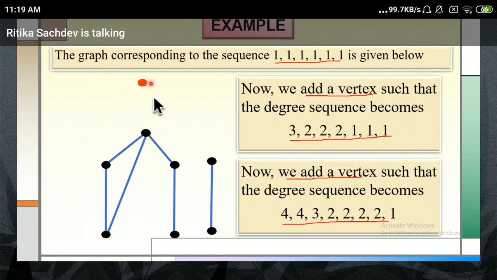Now what should I do? I should try to draw the edges from this particular vertex, the new red vertex which you can see, to the remaining. But how should I join the remaining? I should join the remaining such that from this I should get this. Be careful. The last one should remain as 1. What should change? Check.